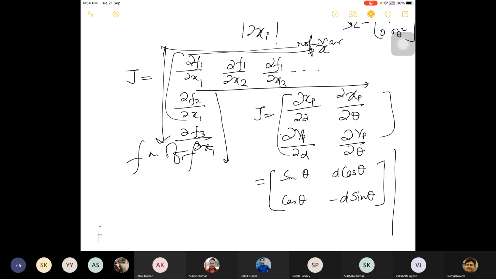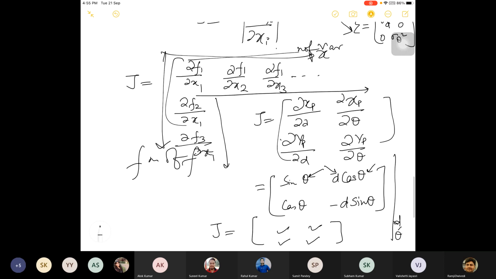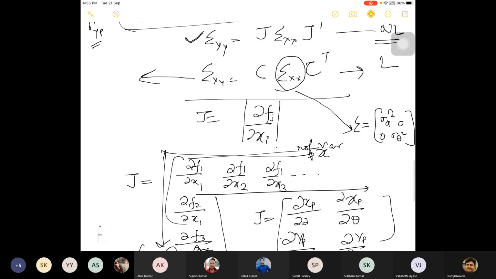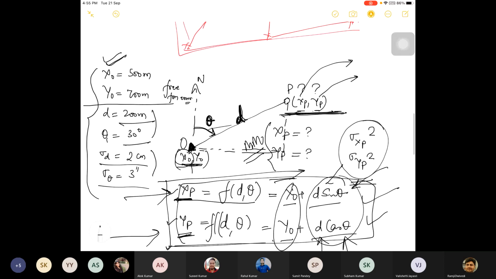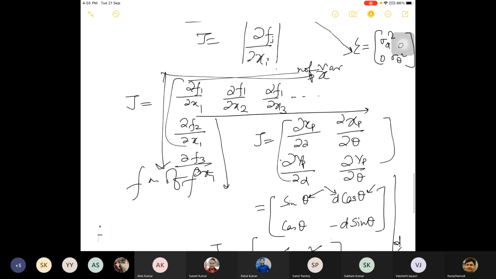These are the partials. We have to compute at the given d and theta. So the values of d and theta, you insert, and you will get the final Jacobian. All four values can be computed by inserting the d value and theta value. You all know, because I've given in the observation, the d value is 200 meter, theta value 30 degree. The moment you do it, you will get the Jacobian.